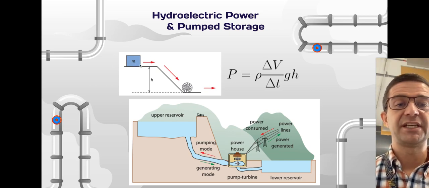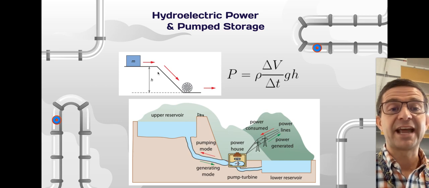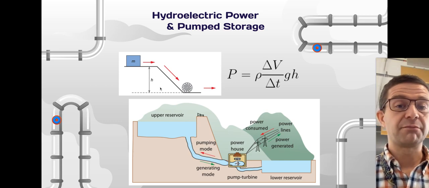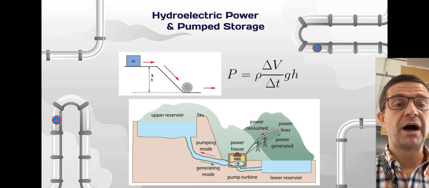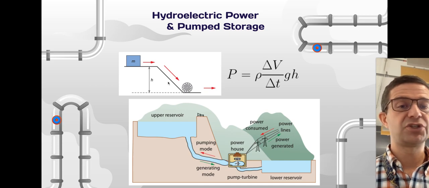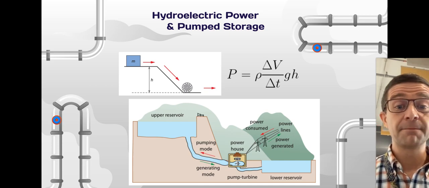That potential energy can be converted into kinetic energy, either by exerting pressure on water that's down low or by flowing downhill. That kinetic energy can then be used to drive a turbine directly.